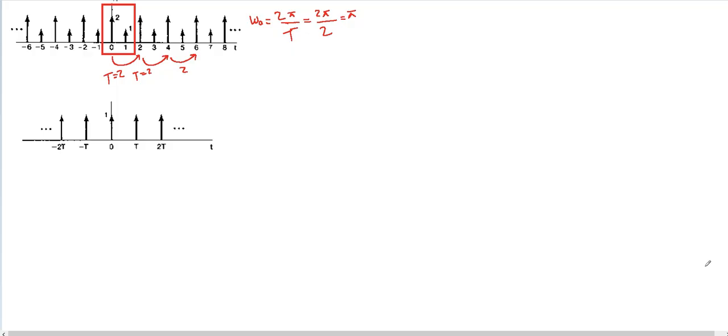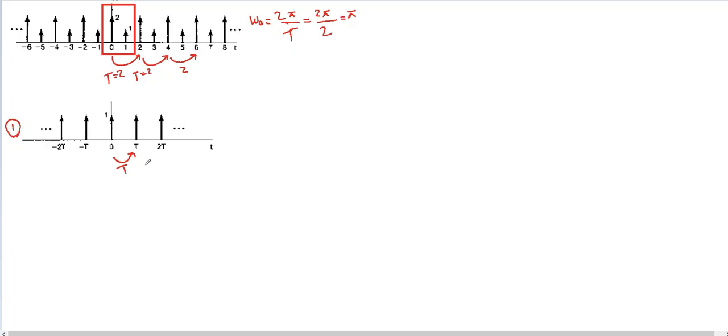The first point is a signal called the impulse train. This signal is periodic with a period of T, as you can see in this figure.